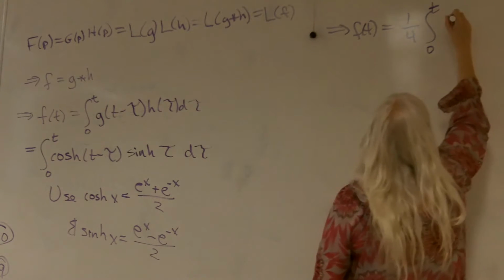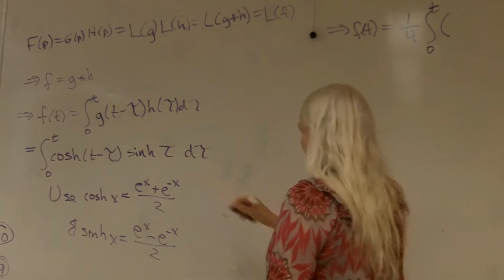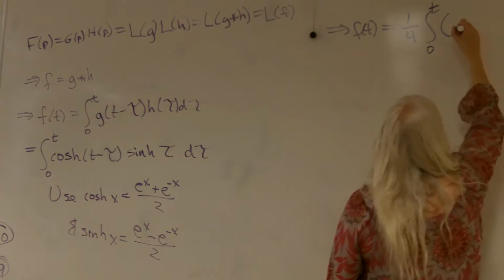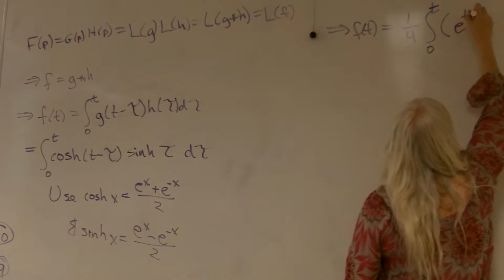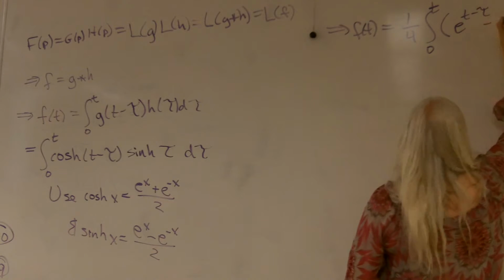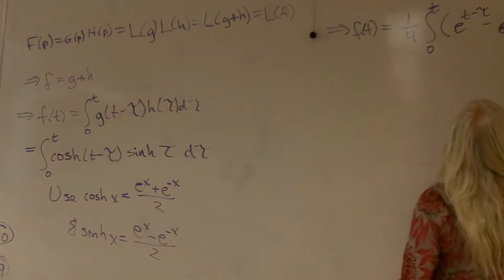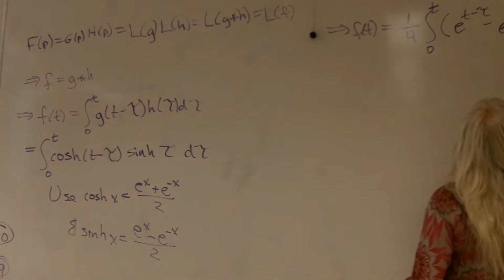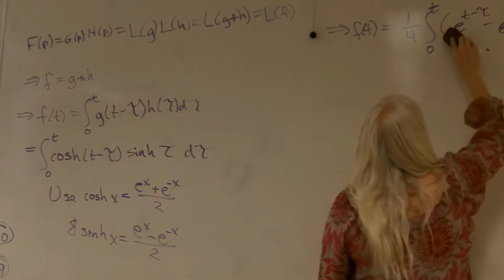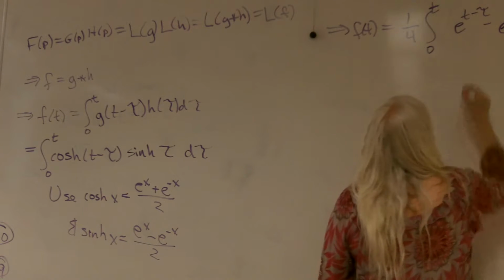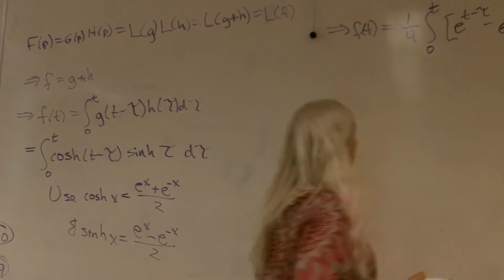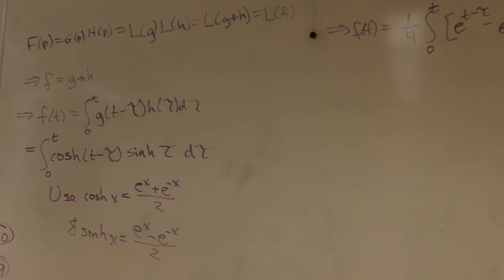And so from the cosh of t minus tau, we're going to have an e to the t minus tau minus an e to the minus the quantity t minus tau. Right? And again, the 1/2 I pulled out in front.